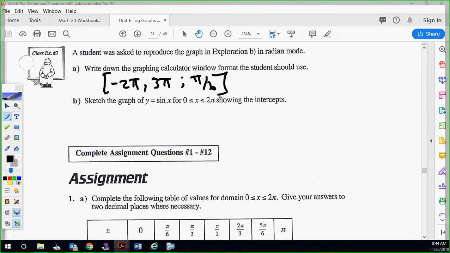So there's your radian window range. 30 degrees, yeah, pi over 6 is 30 degrees. Now, your y stays the same because those are values. That doesn't change. Okay, so we still stay with the -1.2, 1.2, scale of 0.2.